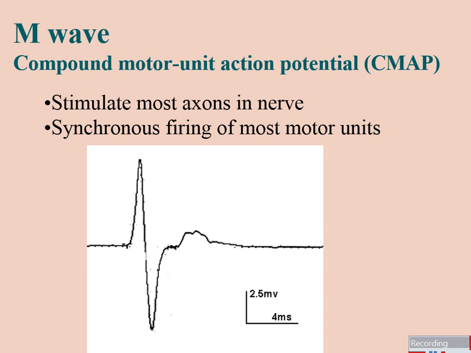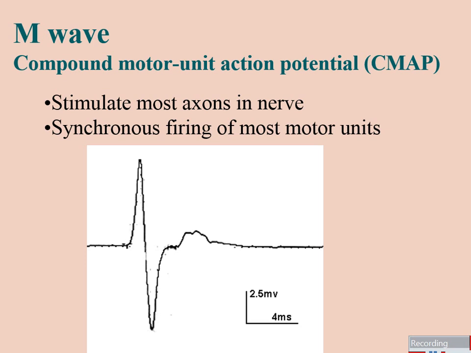We're stimulating the entire nerve for the most part, and so we're firing every motor unit in that nerve. And so we get a compound motor unit action potential. It looks just like that single motor unit action potential, only it's a whole lot bigger because we've now got a whole bunch of them, and it's a little longer duration and so on.